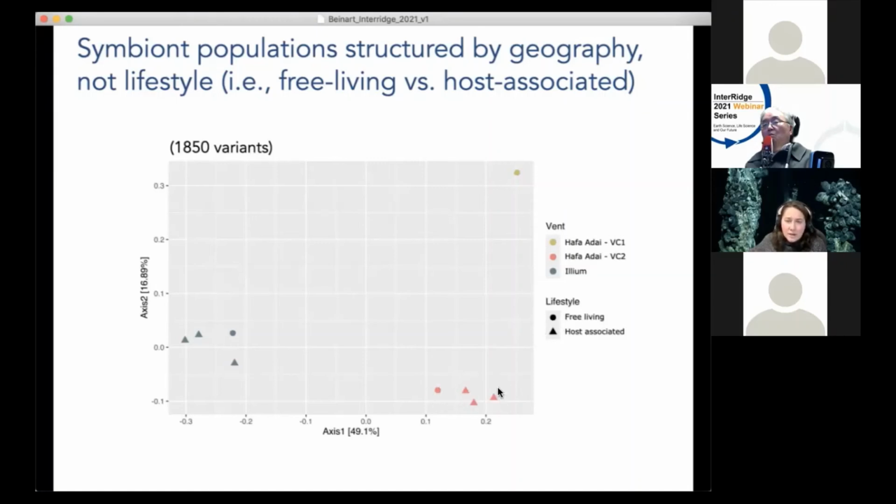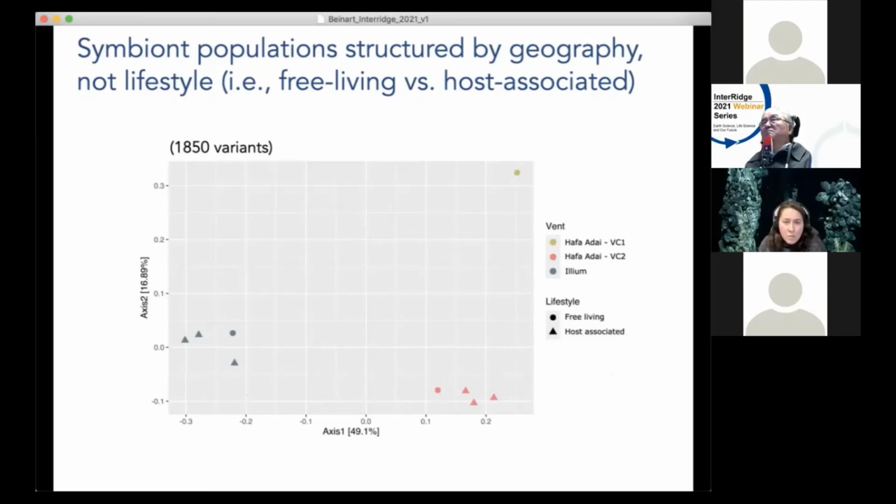What we see is a stronger population structure by geography than by lifestyle. Along this axis is the separation between Hapa Adai and Ilium. We do have one free-living Hapa Adai sample that's separating from the other Hapa Adai samples as well. But still, the greatest segregation is along this axis, which is geography.